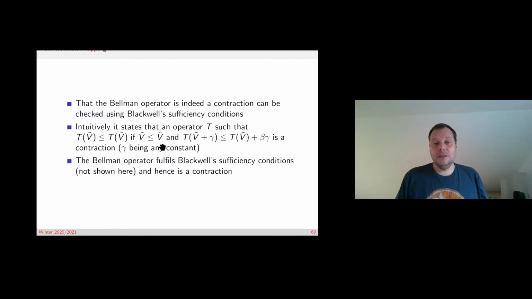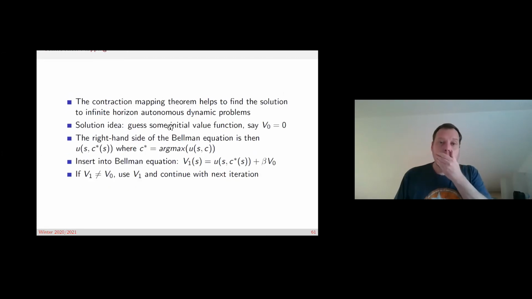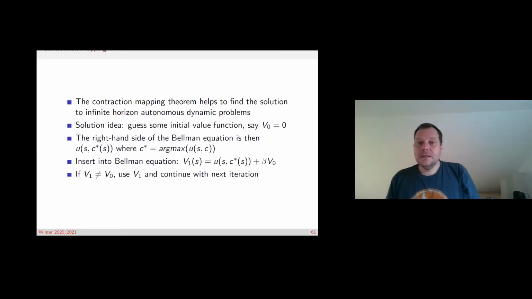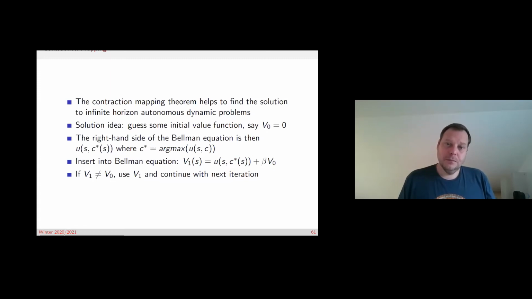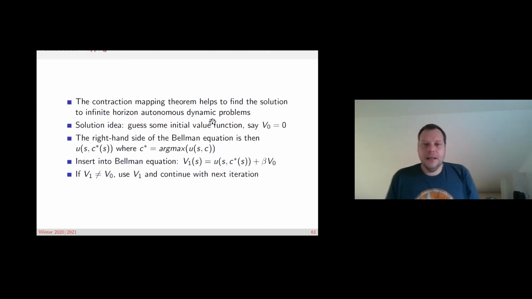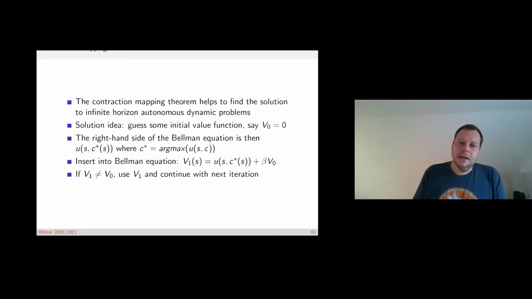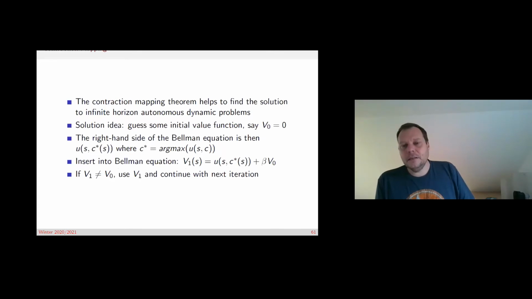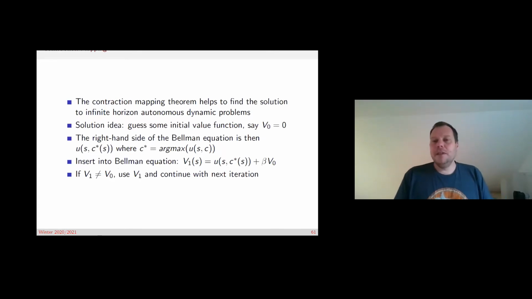Does that make sense? That's good. Although it seems at first glance a little bit confusing, the general idea is relatively simple.